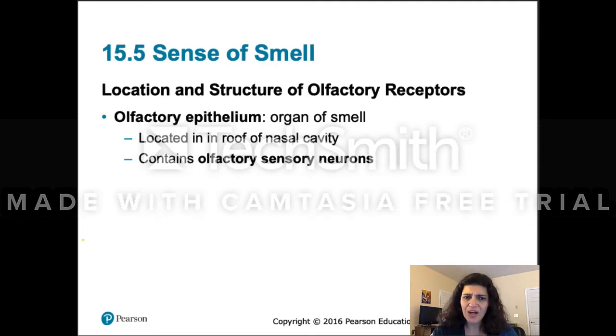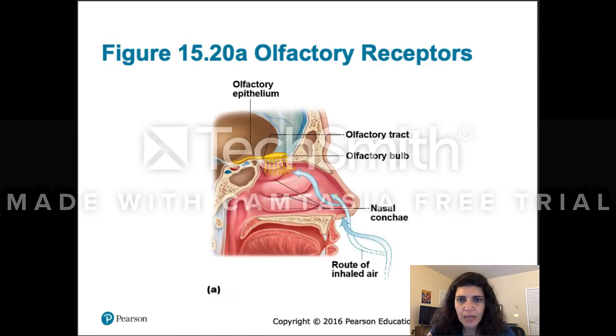When you smell, remember that you have the olfactory epithelium here, which is your organ of smell. The olfactory epithelium has nerve endings going through the perpendicular plate of your ethmoid bone, and they hang in your nasal cavity. Because you have the nasal conchae, the air makes a turbulence.